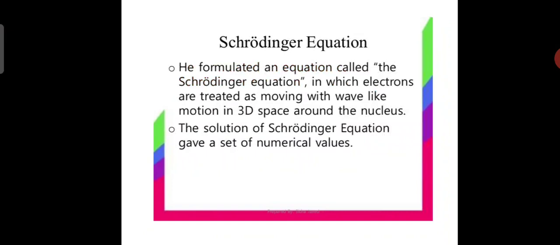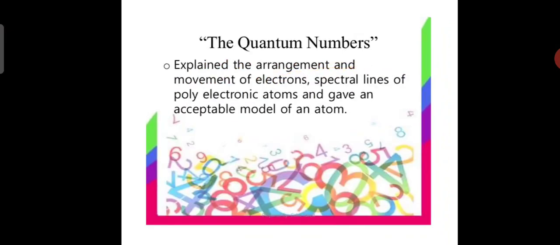Okay, so yun, si Erwin Schrödinger, siya yung nakapagpaliwanag kung paano ba talaga yung behavior nung mga electrons outside the nucleus. Okay? So, we came up with what we call as the quantum numbers. So, it explained the arrangement and the movement of electrons, spectral lines of polyelectronic atoms, and gave an acceptable model of an atom.